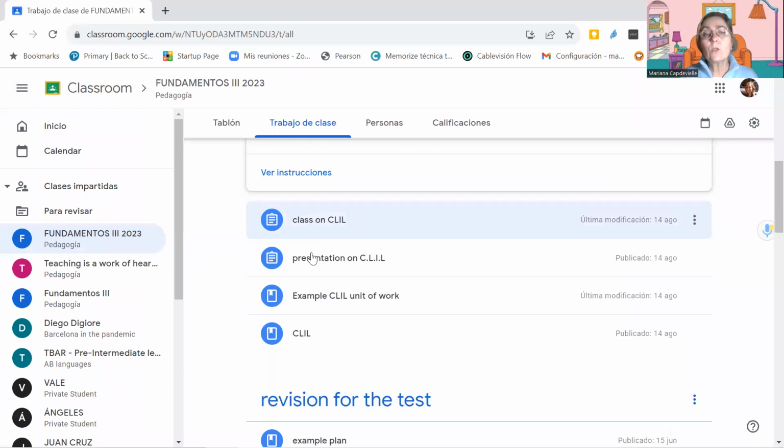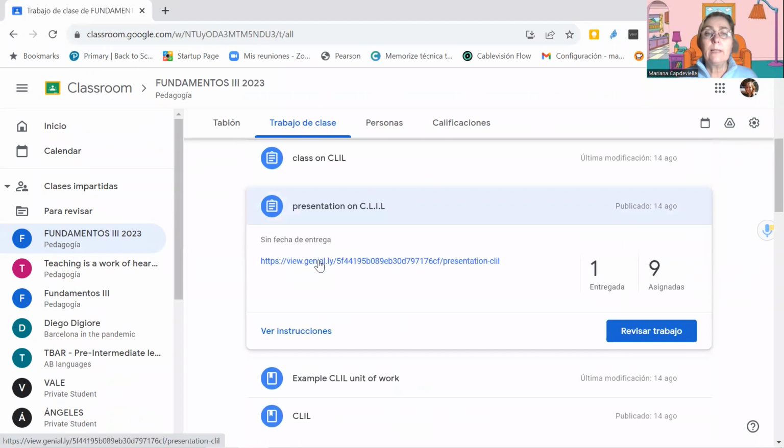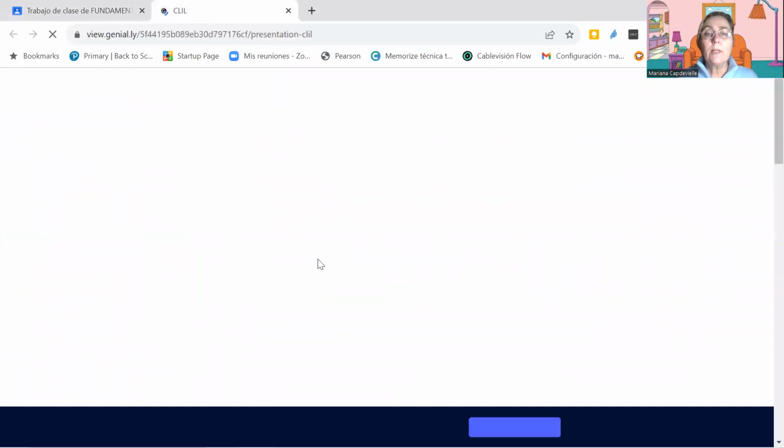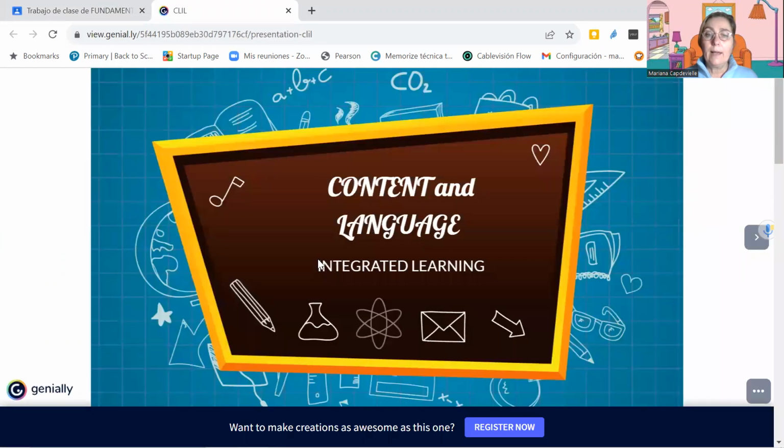Okay, now let's talk about C.L.I.L. Let's go to Genially. I have here a presentation in Genially. After everything we have seen, I think that you're going to find C.L.I.L. something quite understandable because C.L.I.L. means content and language integrated learning.